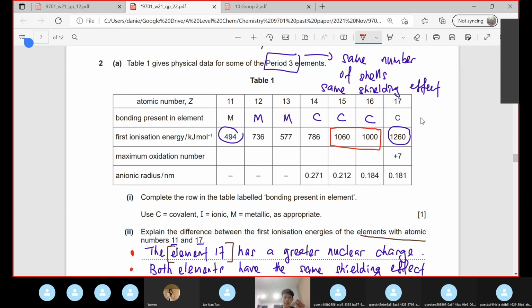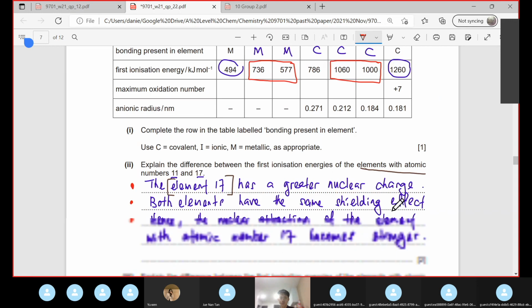This is the anomalous one. Let us recall that we learned about 2 anomalies. One is between 12 and 13, and another is between 15 and 16. To be more specific, one is between magnesium and aluminum in the third period, and the other is between phosphorus and sulfur.